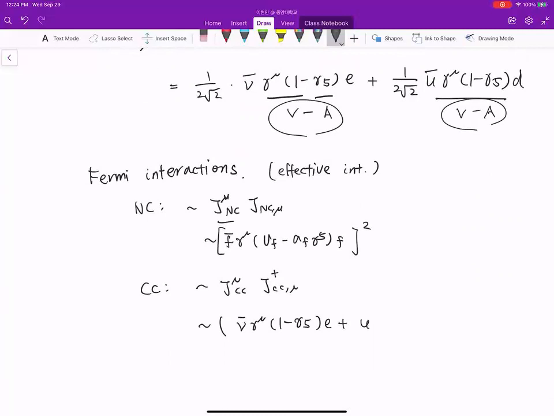One J contains a plus, but the other J does not contain any. Is that minus or plus?